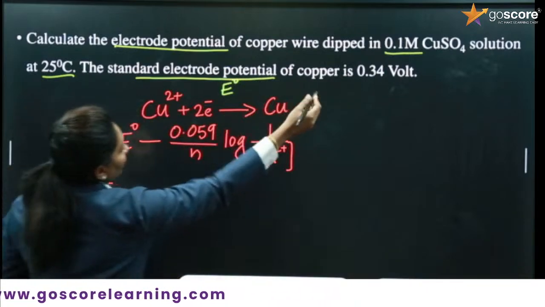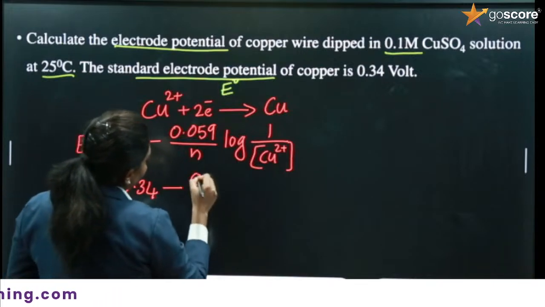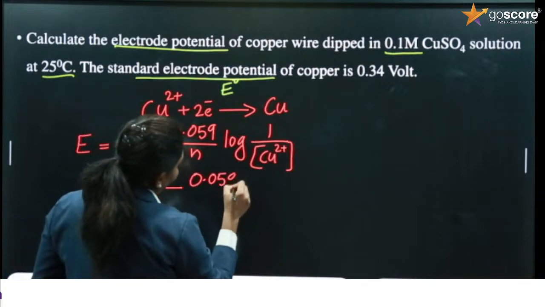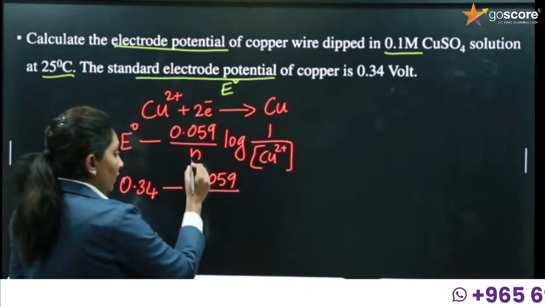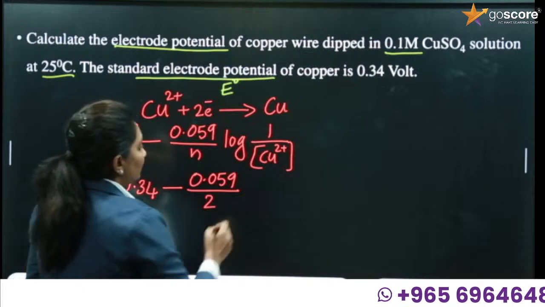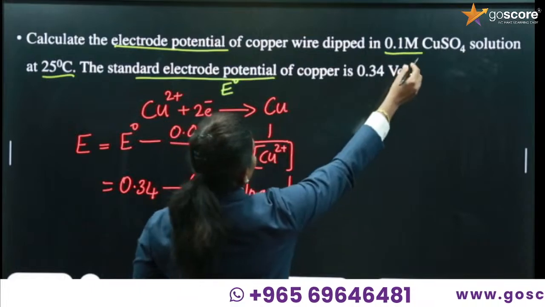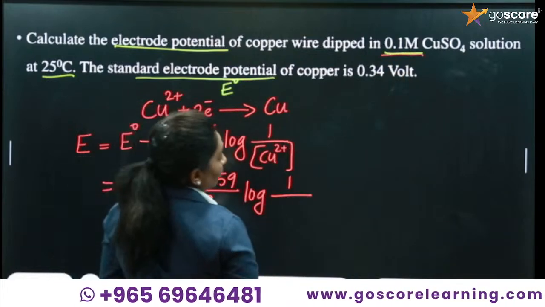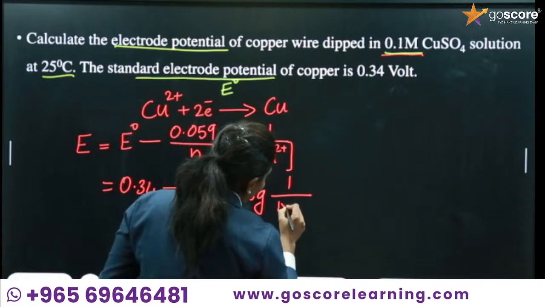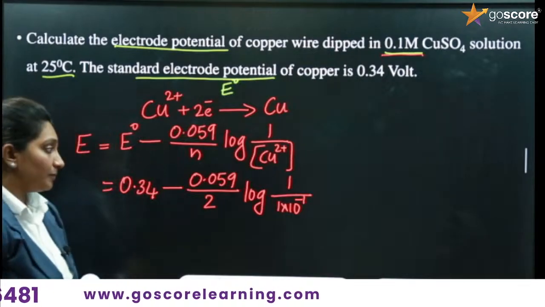And the E naught value is given: 0.34 minus 0.059 divided by how many electrons are involved here? 2 electrons, right? So the N value will be 2, log 1 by, what is the concentration of copper sulfate? It is 0.1. Okay, that I can write as 1 into 10 raised to minus 1, right?